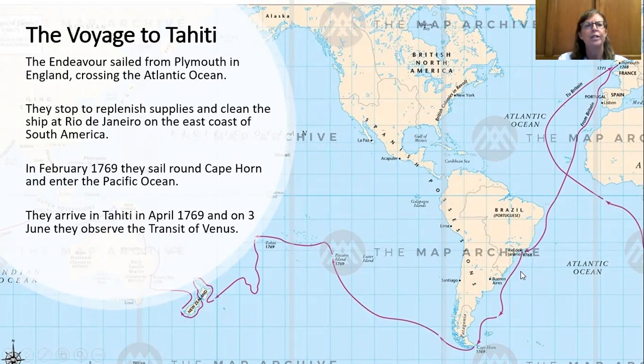In February 1769, they sailed round Cape Horn, at the bottom of South America, and entered the Pacific Ocean. Coming through these straits, they had gone from the Atlantic Ocean into the Pacific Ocean. Following this path, they sailed up here to Tahiti. They arrived in Tahiti in April 1769, and on the 3rd of June, they observed the transit of Venus.